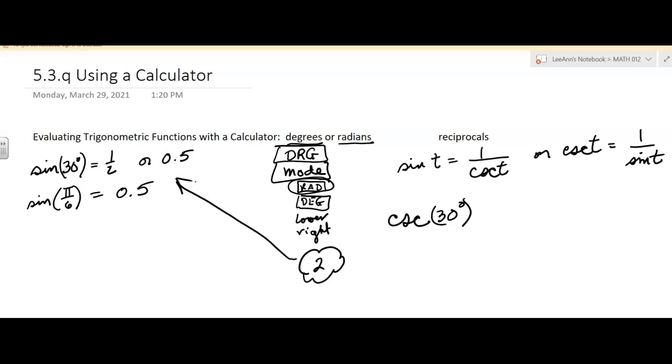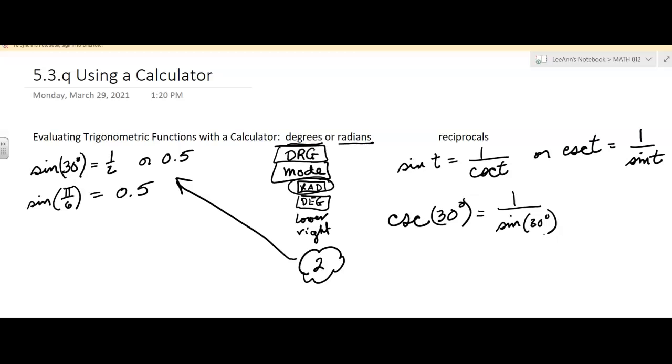Now, on your calculator, you don't have a cosecant button. So what you have to do is put 1 over sine of 30 degrees. Let's clear this out. So 1 divided by sine, then I forgot to switch to degrees.